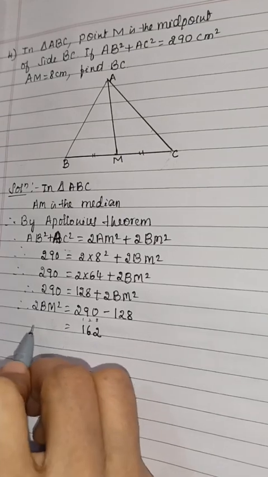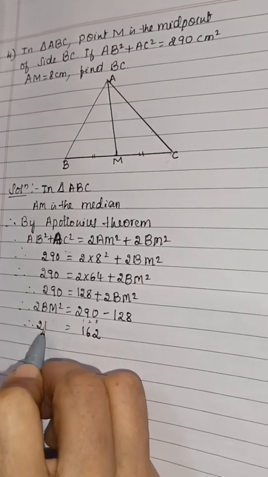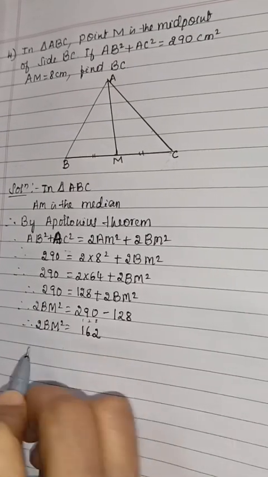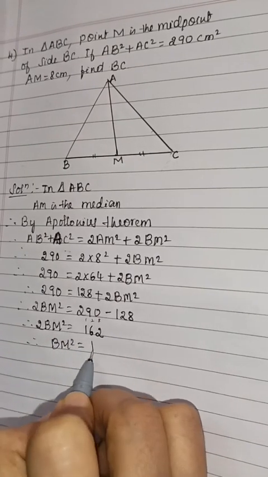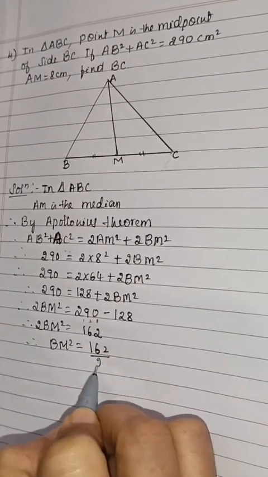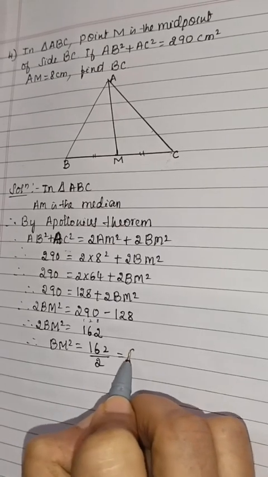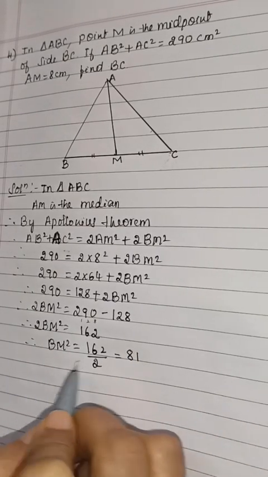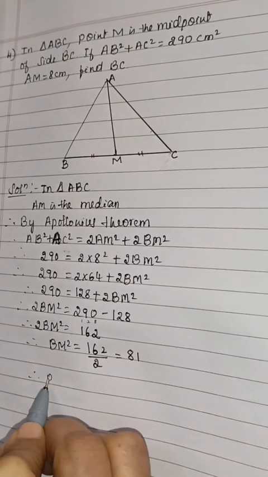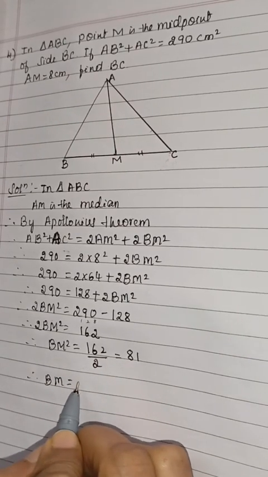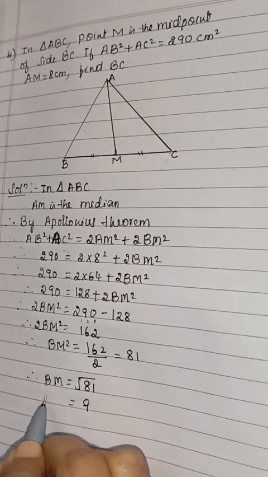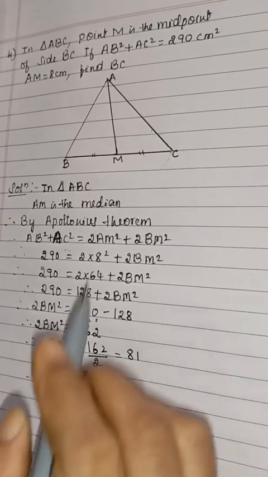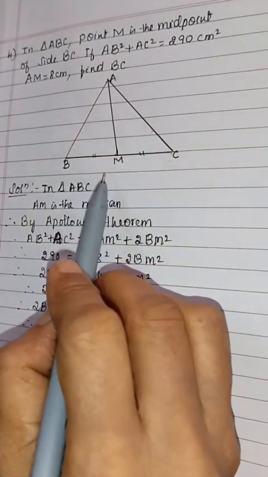Yeah. This is therefore 2BM square is 162. Therefore BM square is 162 divided by 2, that is 81. BM square is 81. Therefore BM is square root of 81, that is 9. BM is 9.